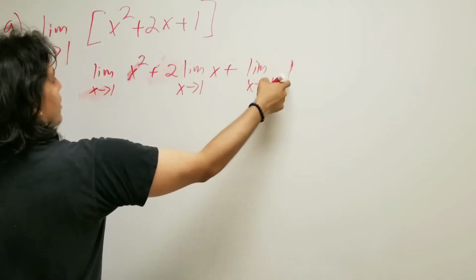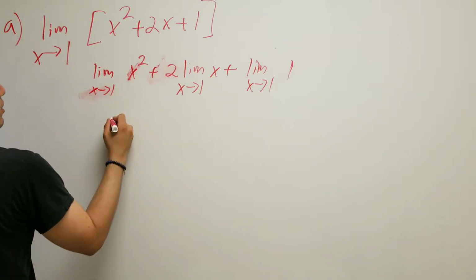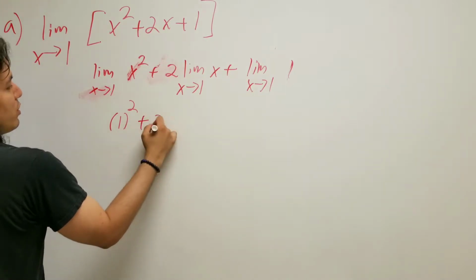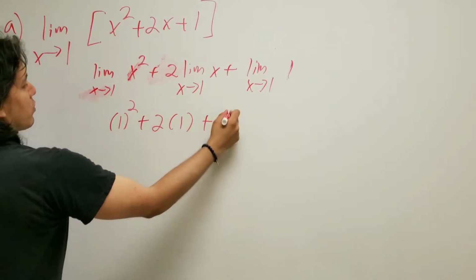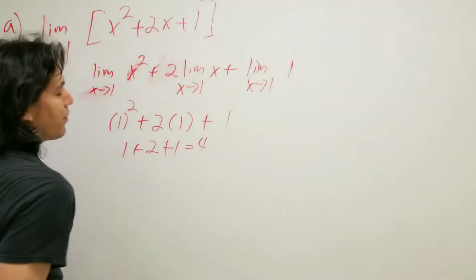This is a constant, nothing happens to this. So as x approaches 1, this becomes 1 squared plus 2 times 1 plus 1. We get 1 plus 2 plus 1, which is just 4.